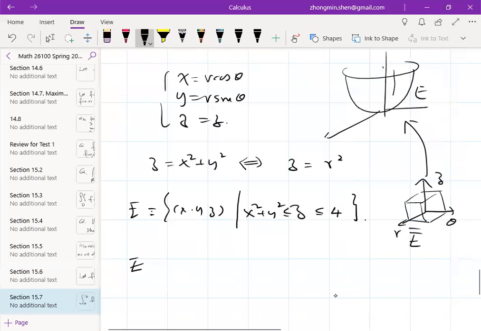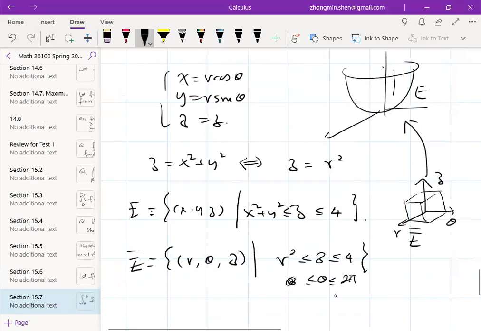Let's describe E bar. r, theta, z, okay, and z is between r squared and 4. That's it. And there's no restriction for theta. So theta is between 0 and 2 pi. Okay. So what does that mean?